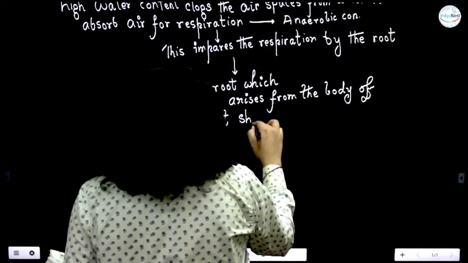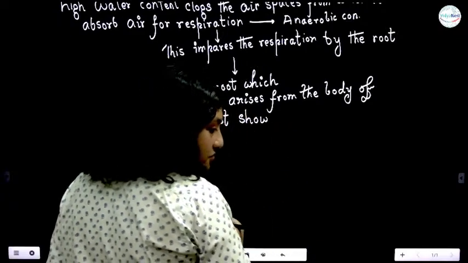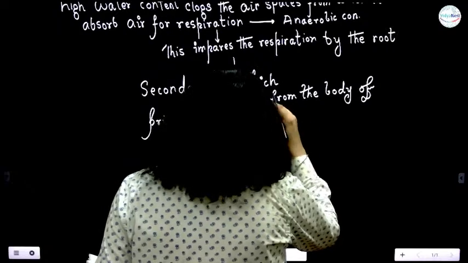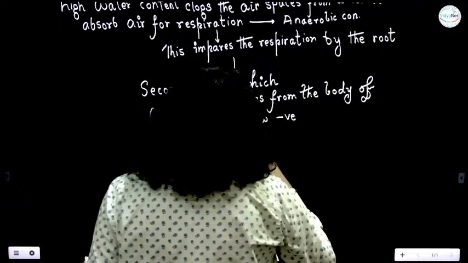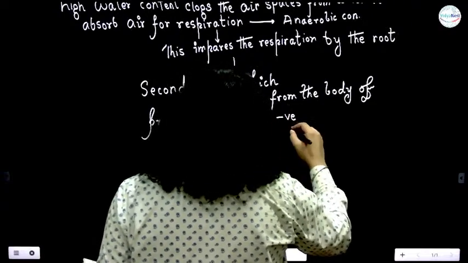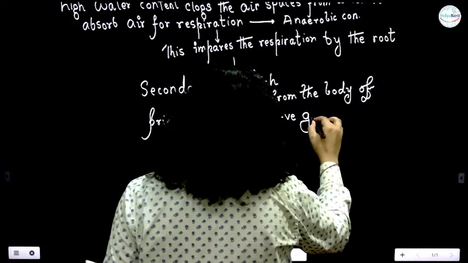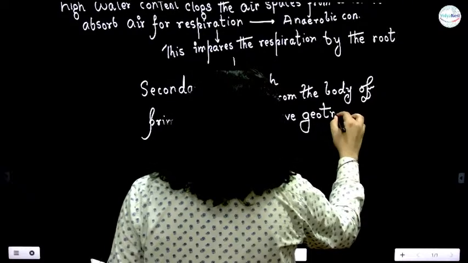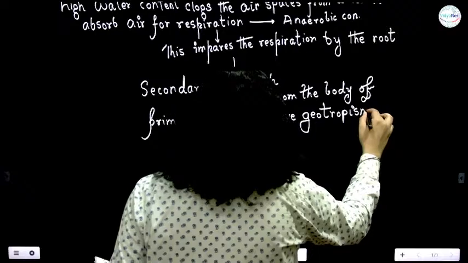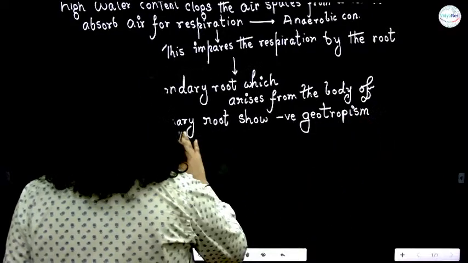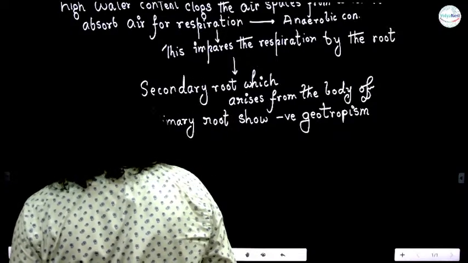shows negative geotropism. Sorry, we know roots are positively geotropic, so over here it is showing negative geotropism, and arises above the surface of the soil.